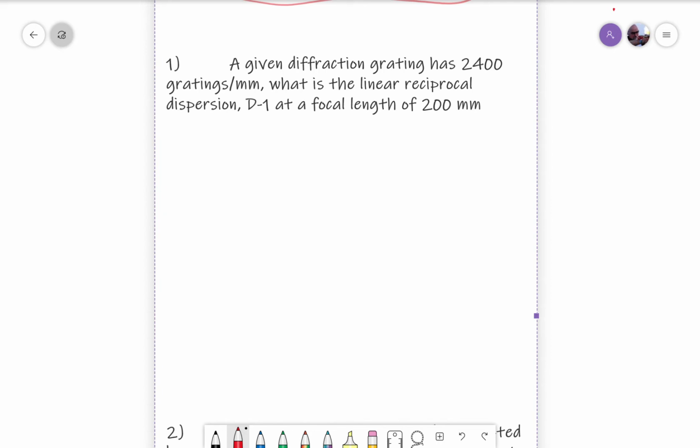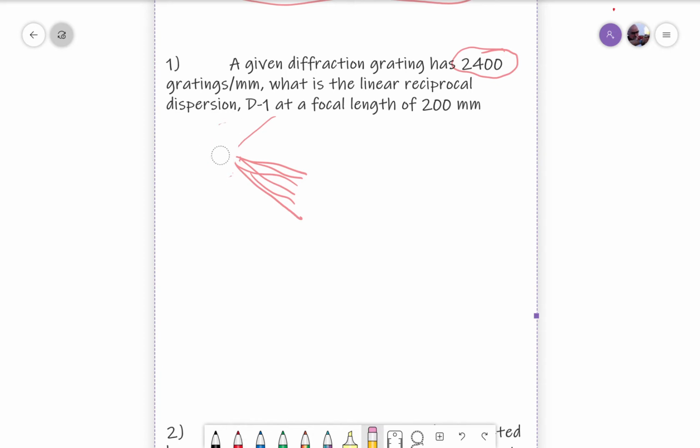exist in real problems. Normally when you buy a diffraction grating, it is going to be defined by how many gratings per millimeter. Remember that the smaller the diffraction grating size, the bigger the dispersion of the light is going to be, based on that slit width.